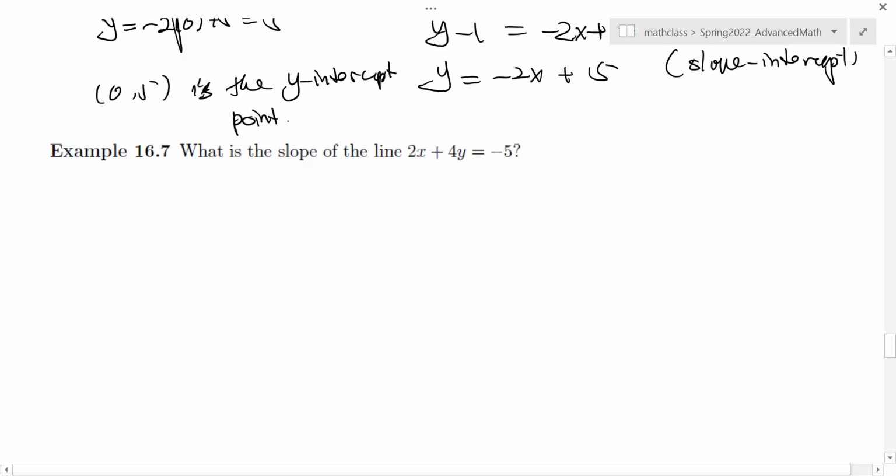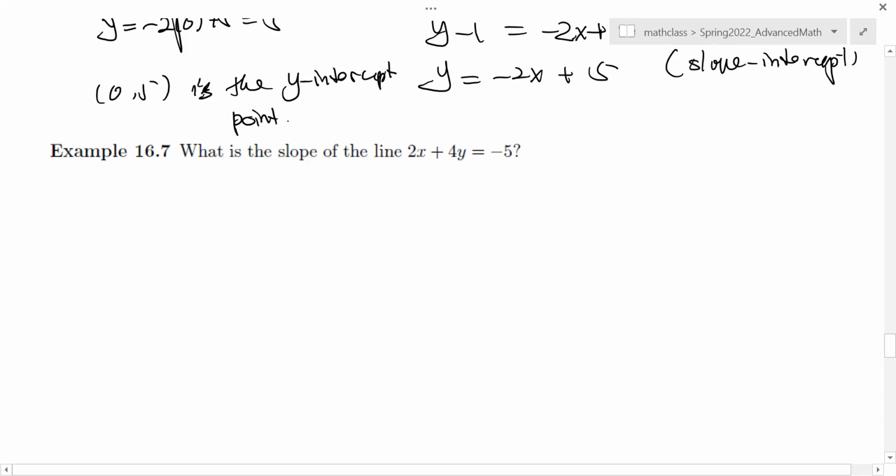Remember, there are a couple of ways to find the slope quickly. One is to find two points on the line and use a formula to find the slope. Or you just use the equation and find the slope directly.